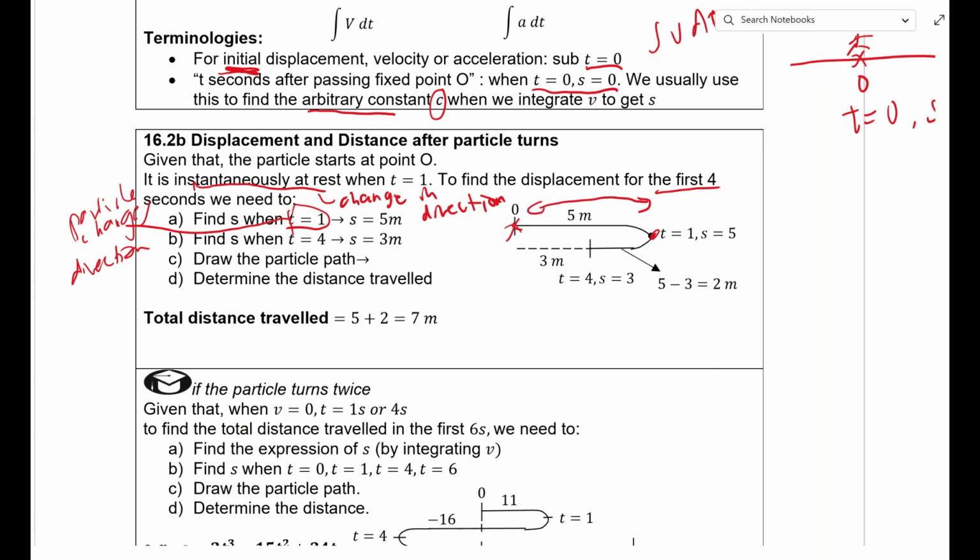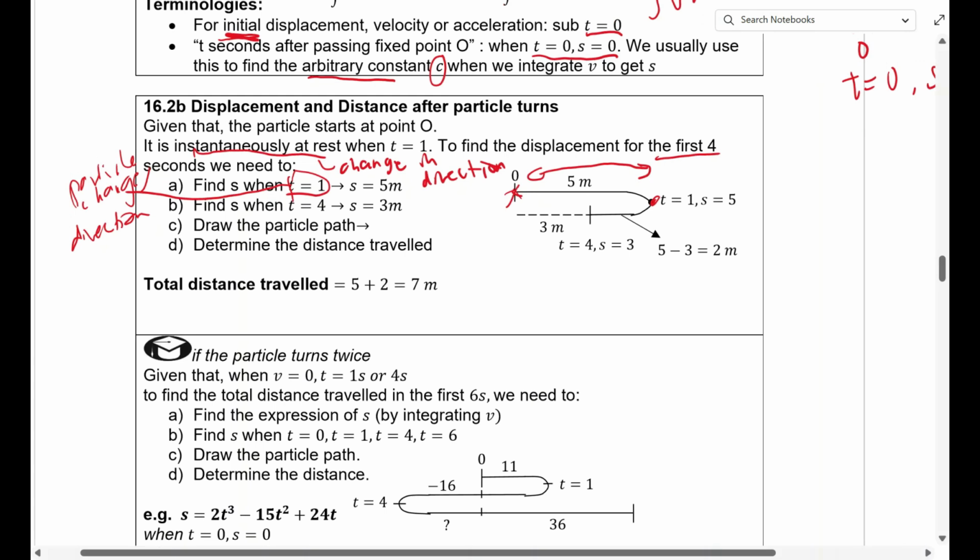Next, we need to find our displacement when t equals 4. Basically, after 4 seconds, what is the displacement of our particle with respect to our fixed point O, which we'll get s equals 3 meters. After we have this information, then we can draw the particle path. Let's say we have a fixed point O here.